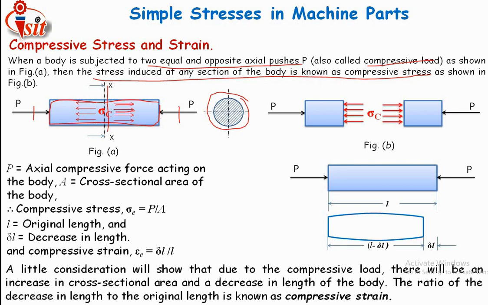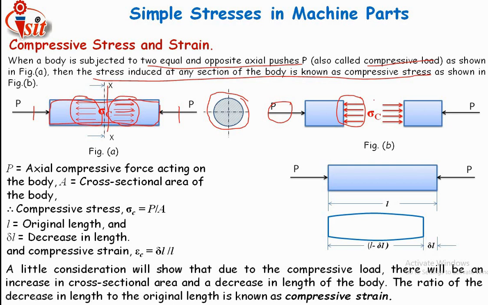This is the application of force, and this is the equal and opposite axial push. This section is the resistance offered by the body to the applied compressive load, and the direction of resistance is opposite to applied load, and magnitude is same.